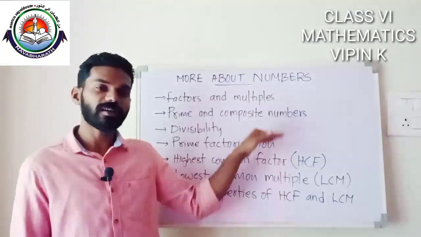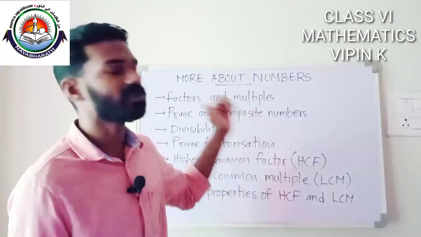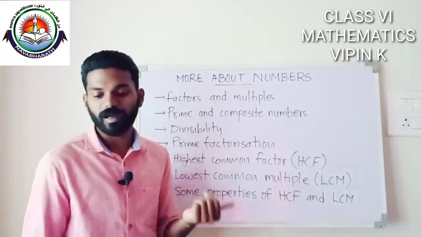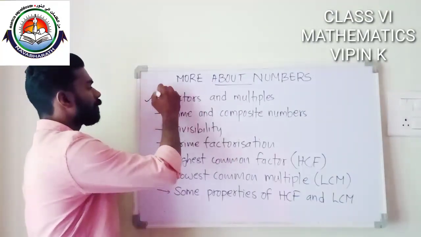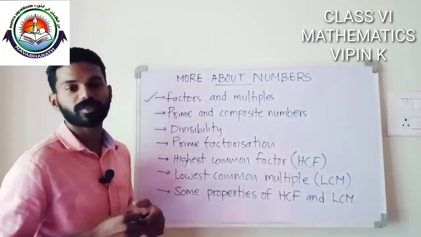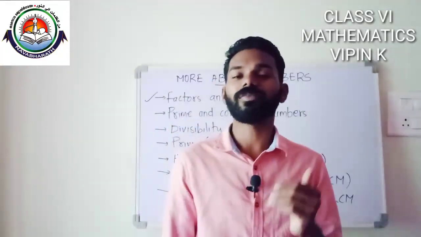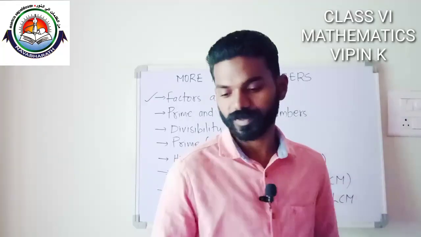So these are the main topics that we are going to discuss in our third chapter, More About Numbers. Out of that, today we would discuss only this topic, factors and multiples. So let's begin with the concept of factors and the concept of multiples.